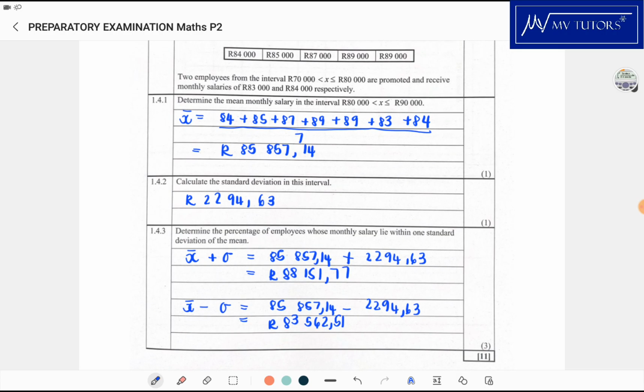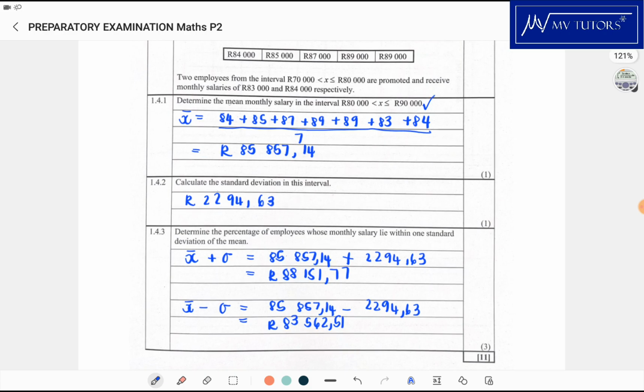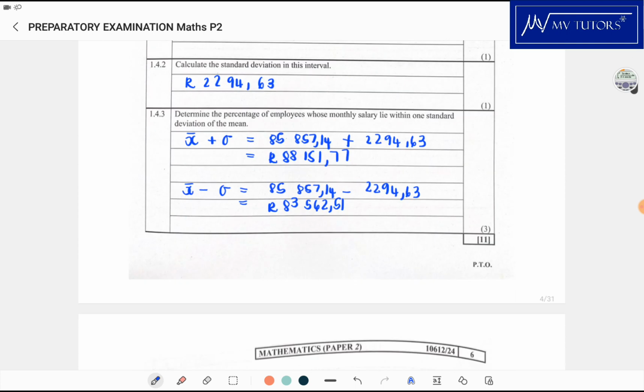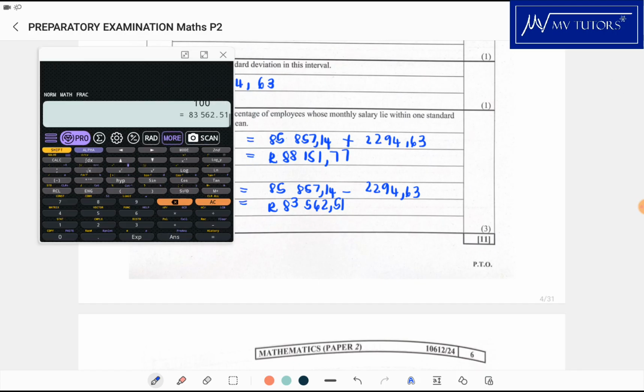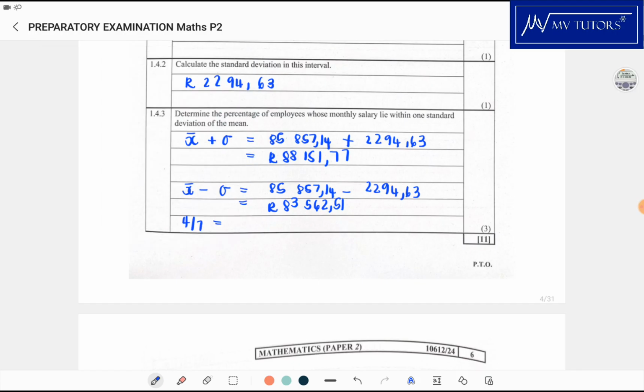And looking at this, after 83 we have 84, 84, 85, 87. So we have 1, 2, 3, 4 out of 7. Okay, so 4 out of the 7, we need to also multiply that by 100.